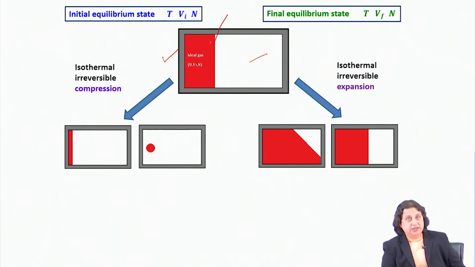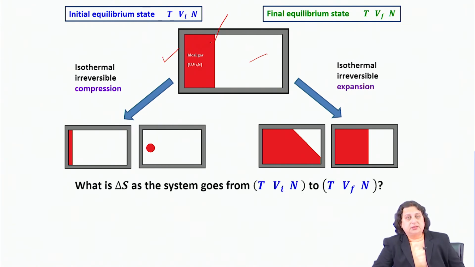Then the question that we ask is, will the gas undergo isothermal reversible compression, or will it undergo isothermal irreversible expansion? Now here, let me once again ask you the question, what is the change in entropy of the system as it goes from T, V initial to T, V final?